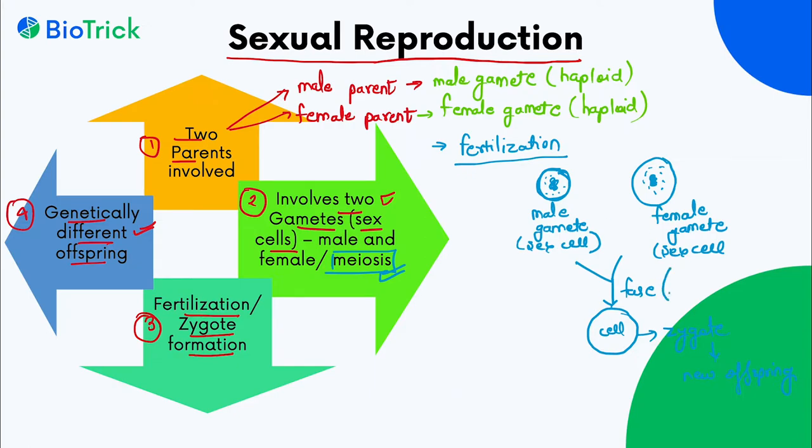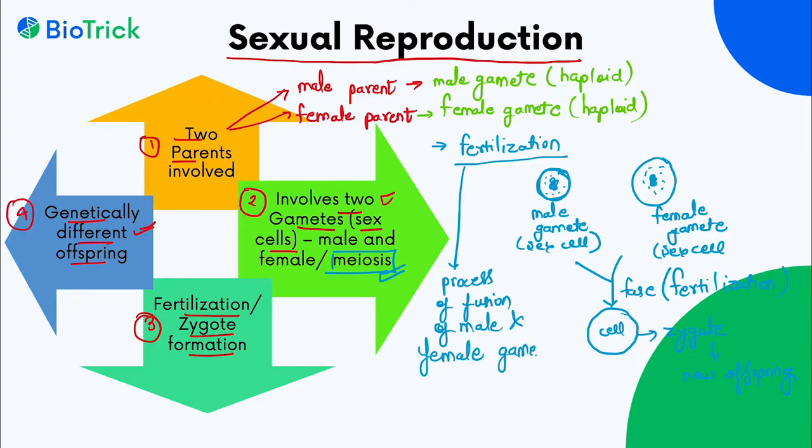The fusion of the male and female gamete occurs by the process of fertilization, or we can say fertilization is the process of fusion of male and female gamete nuclei.